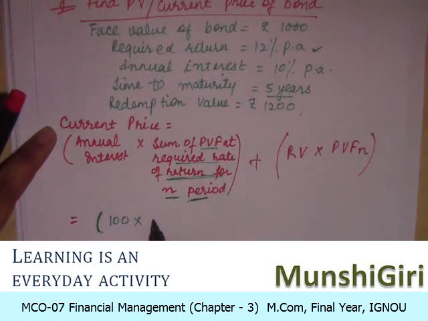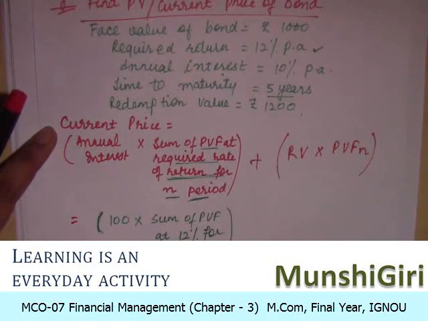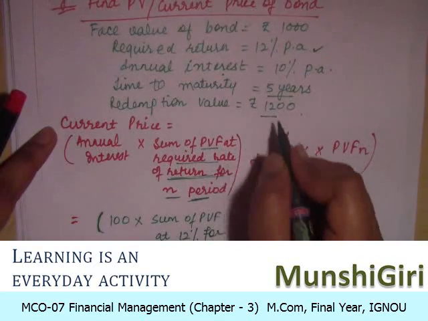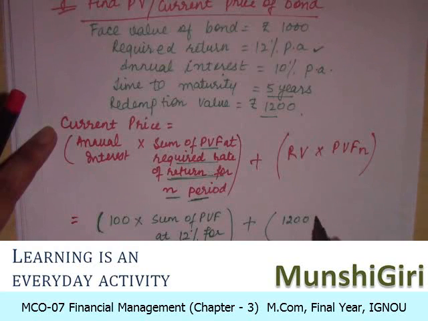What we have to calculate here is sum of PVF at 12% for 5 years. The redemption value is 1200 and present value factor for the 5th year.